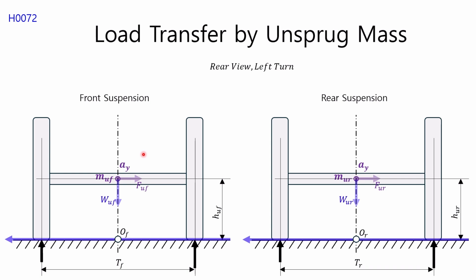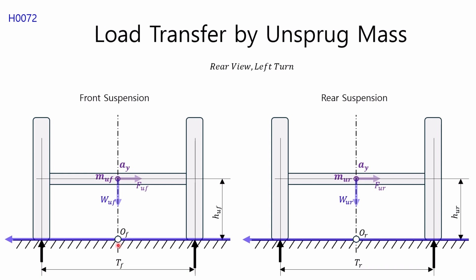The lateral load generated by the front unsprung mass, FUF, can be calculated by multiplying the front unsprung mass MUF by the lateral acceleration AY, since the lateral acceleration acts at the front unsprung center of gravity. If we multiply this force by the height HUF of the front unsprung center of gravity, we can obtain the moment generated about the point OF located on the road surface.